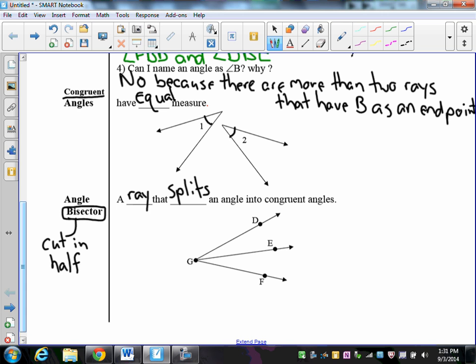So again, we would put these angle marks down to show that angle DGE is congruent to angle EGF. How we would write that: angle DGE is congruent. This symbol means congruent. We will be using this throughout the whole entire year, so it's important that you remember that. Is congruent to angle FGE. They have the same measure.